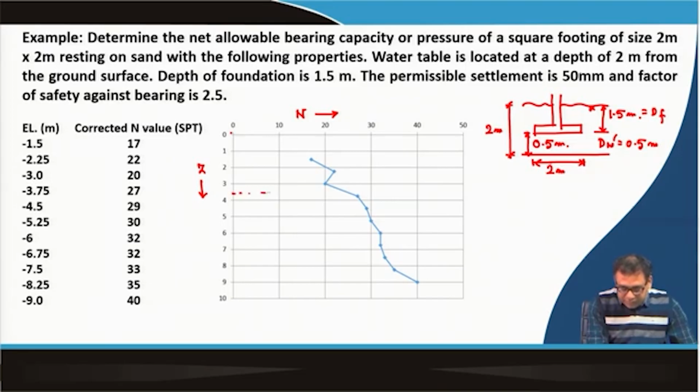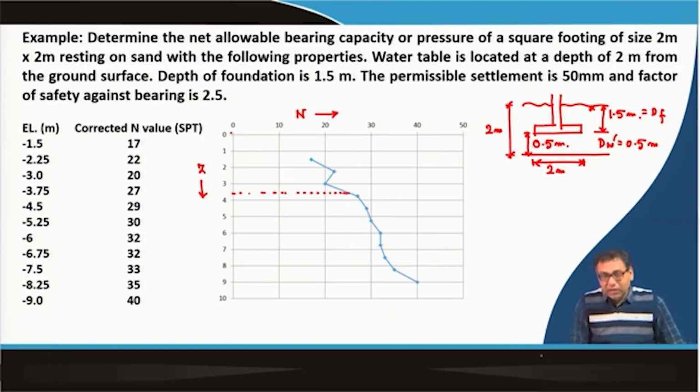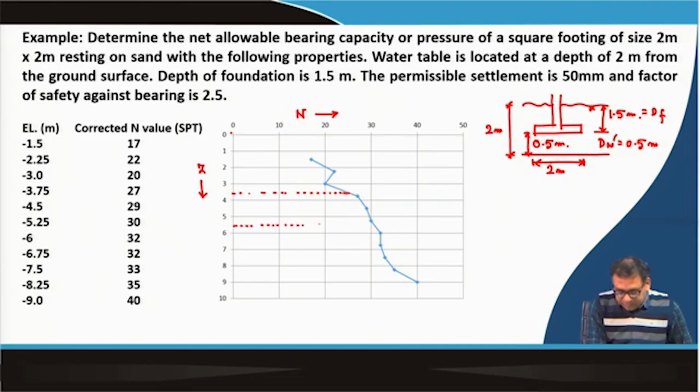So, for bearing consideration, the influence zone will be 3.5 meter. Now, for settlement consideration, the influence zone will be twice B. So this will be 4 plus 1.5, which is 5.5 meter from the surface.